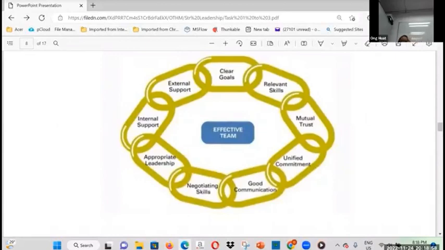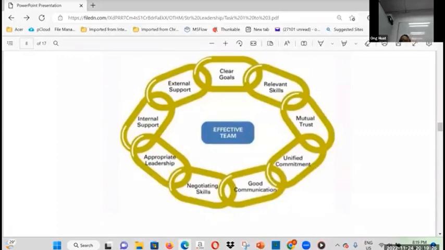For example, your leader is very good in a certain area which your team's target does not involve. Then it becomes not very appropriate. So the team requires a lot of internal and external support, right? A team always requires support from the top, and also a lot of internal support.